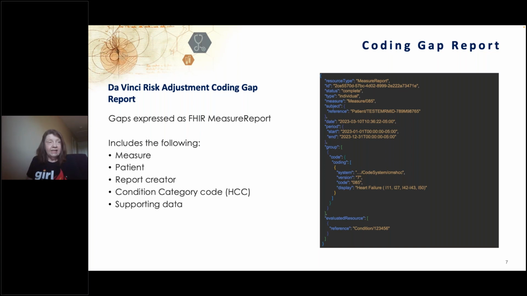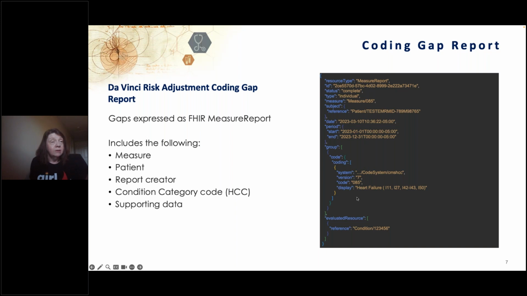And so in this measure report resource, we profiled it for what is needed for risk. And you can see on here, it shows you when it was created, who created it, so which payer. And then we list down below under group, the code that we see as needing to be potentially addressed.